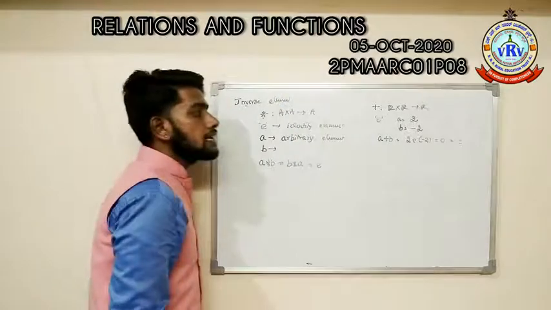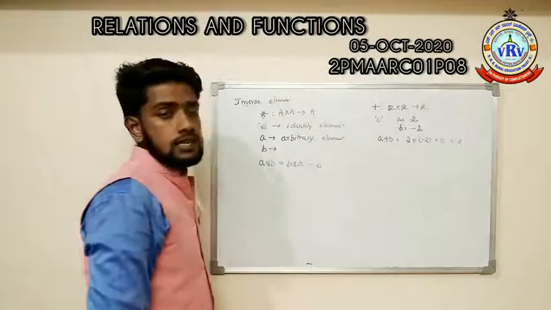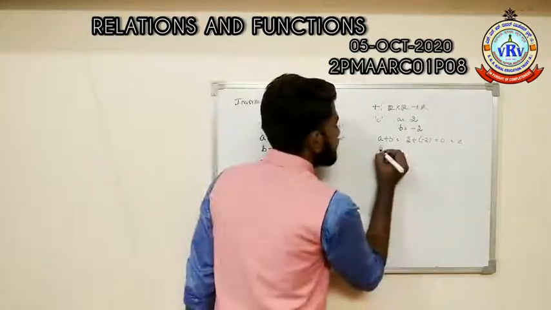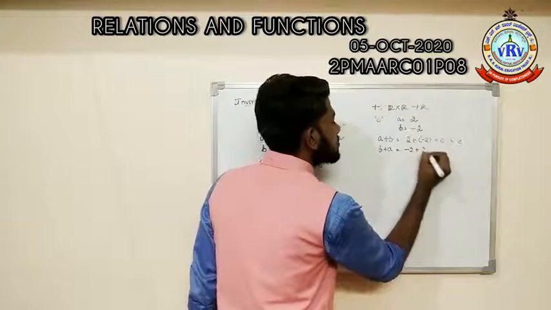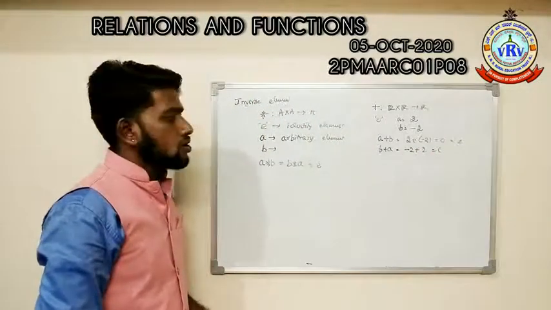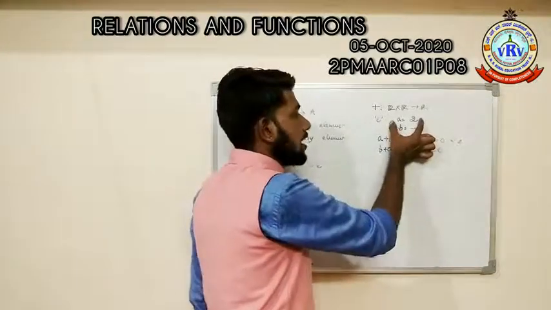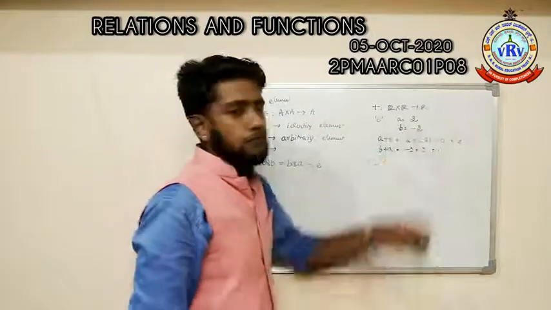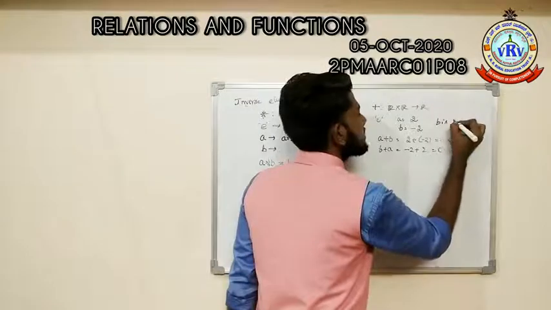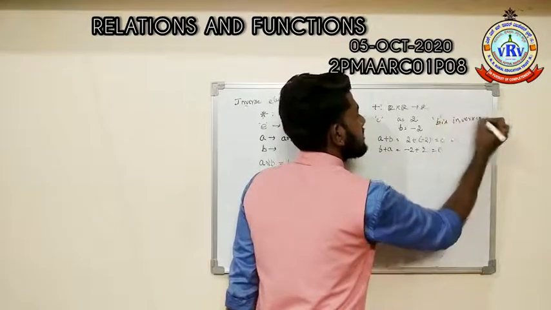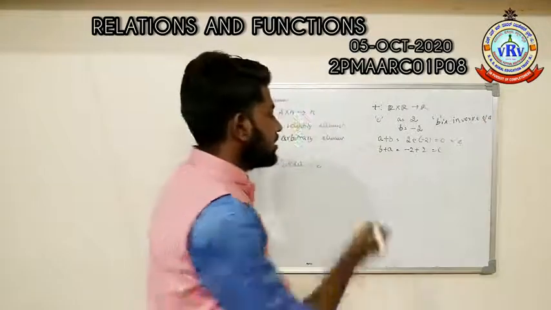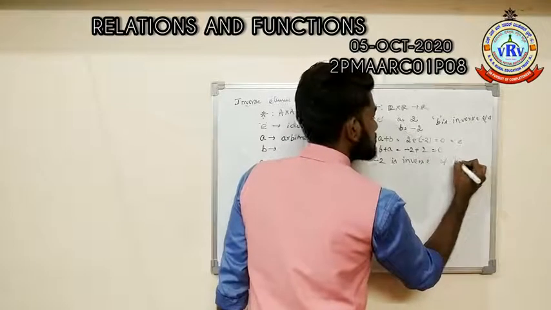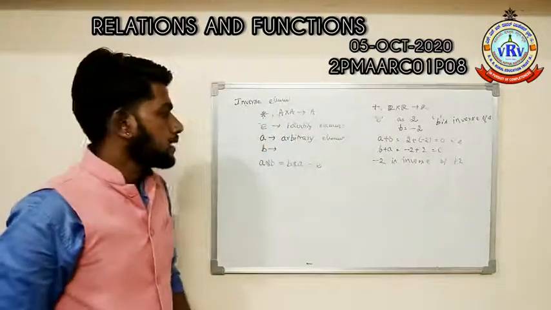That is nothing but the identity element on the real numbers R. Or if you consider B plus A also, minus 2 plus 2, it will return the identity element. So here for this A, we are getting one element B from the real number set, which is nothing but the inverse of A. Therefore, B is the inverse of A. Here minus 2 is the inverse of plus 2 under the binary operation plus.